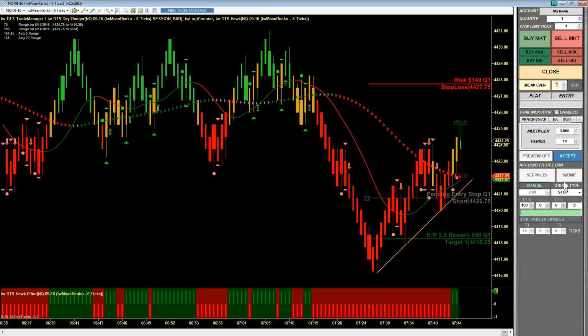See, now we're getting that green bar sell signal, which is going to produce right here. But now my entry is too far away, so I need to adjust things once more.